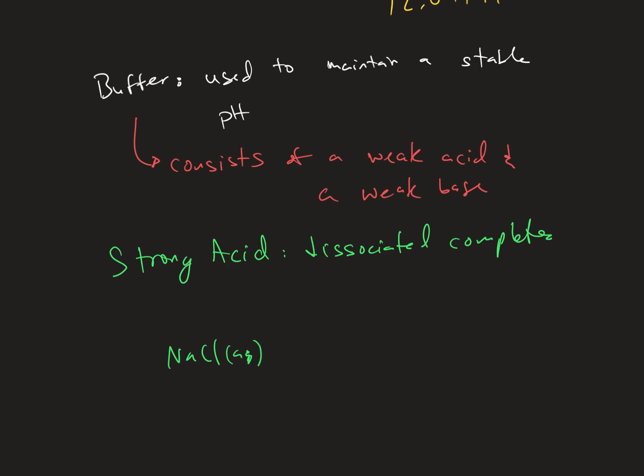It completely dissociates. So what do we call that? A strong electrolyte. Remember learning that? An electrolyte is where you have charged ions in your solution. It makes it conductive to electricity. So that's a strong electrolyte. The same way, a strong acid completely dissociates.